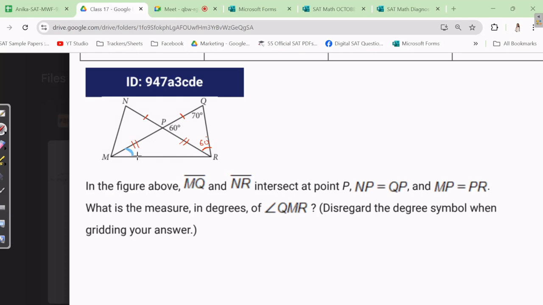So how can you find out this angle? What I do know is that MPR will be equal to 120. Yes, okay. That is correct. This will be 120.